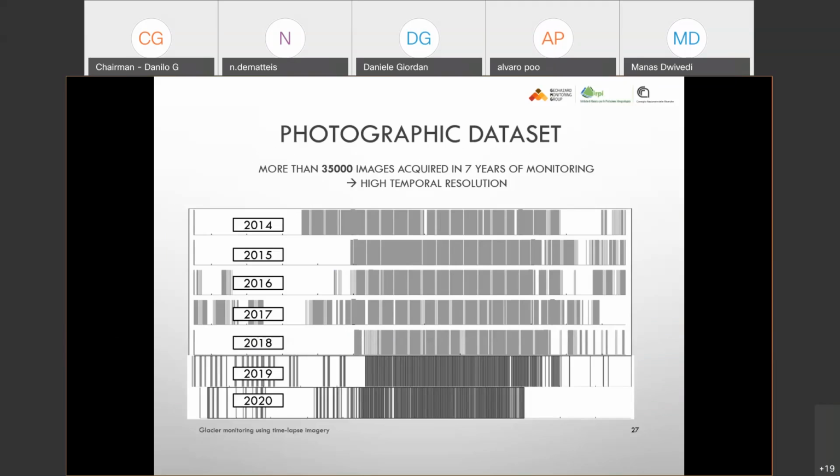Most of them have been acquired in the warm period because in winter the solar panels are covered by snow. However, the main activity of the glacier occurs in summer, and during this period we can observe the glacier evolution at high temporal resolution. So it is a very large data set.